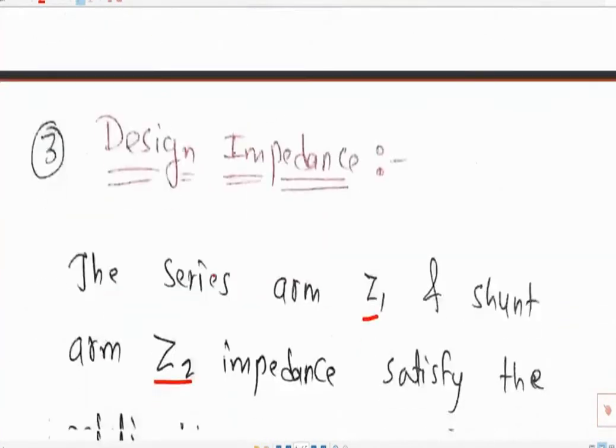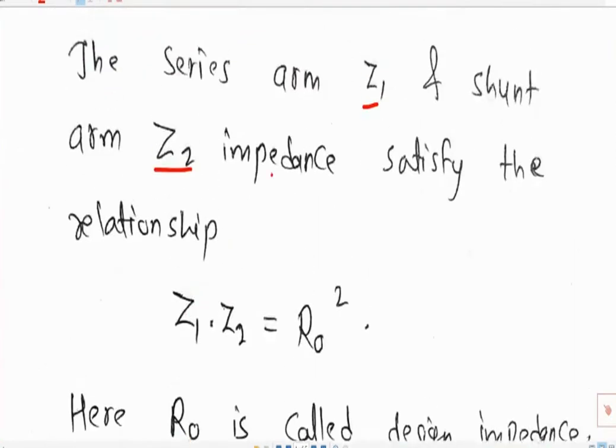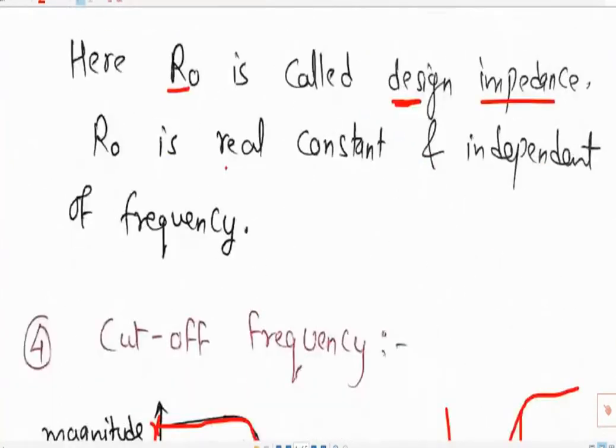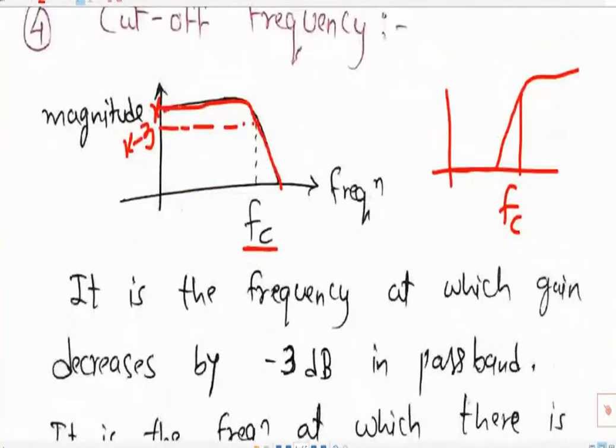Then the design impedance, very important: it is the product of series arm Z1 and shunt arm Z2, and it is a real quantity. And last is the cutoff frequency. Whenever we have a transition from pass band to stop band, we have the cutoff frequency.